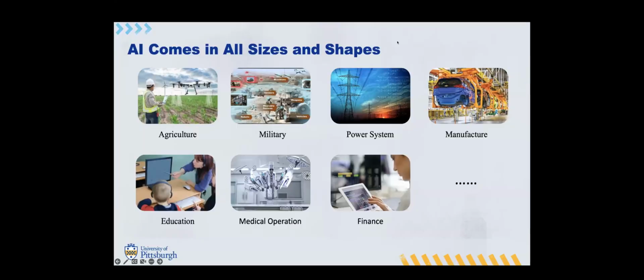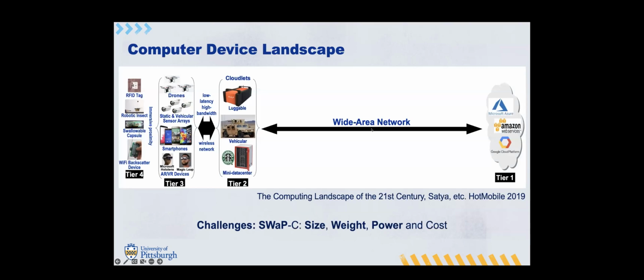All right, so the first slide is just a quick introduction of AI comes in all sizes and shapes in many different application domains: agriculture, military, power system, manufacture, education, medical operations, and finance. And this figure shows the current computer device landscape.